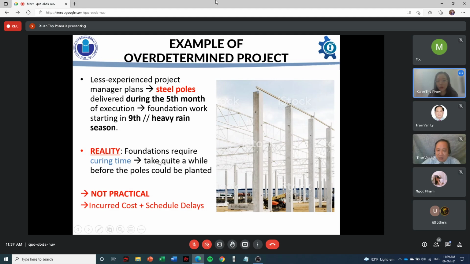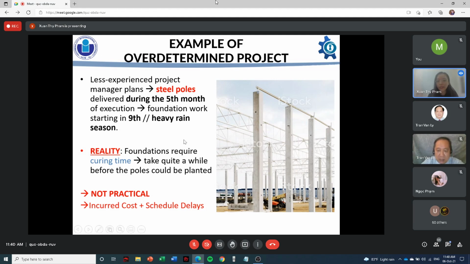So it takes quite a while before the posts could be planted. Financially, it means that we have an asset in stores, but we cannot capitalize on it because it wouldn't be in service. And moreover, this project is planned to start in the heavy rain season, which was just impractical.